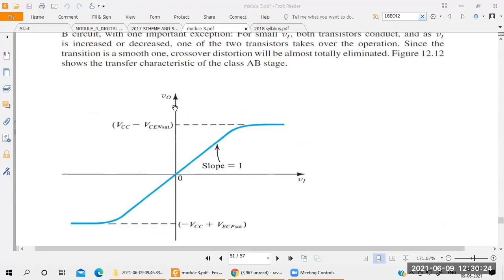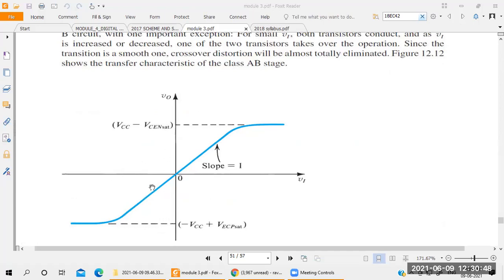Next, take the transfer characteristics for the class AB. Here the output voltage increases as the input voltage increases. That is the linear condition. After finishing the linear condition, we go for the saturation. In saturation, you get the maximum output voltage VCC minus VCE saturation for the NPN transistor.